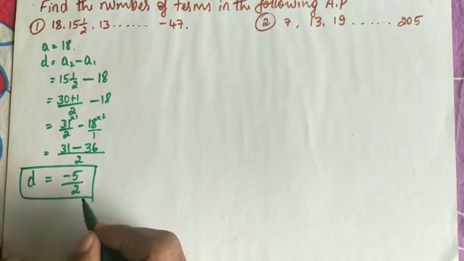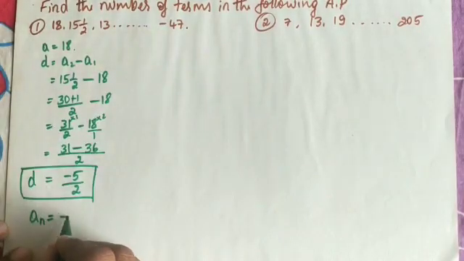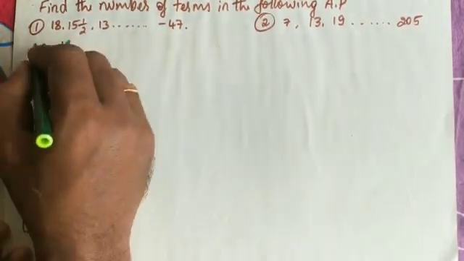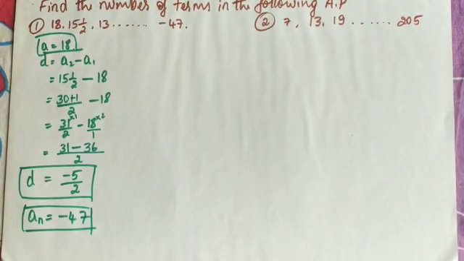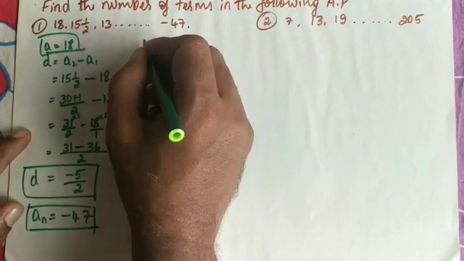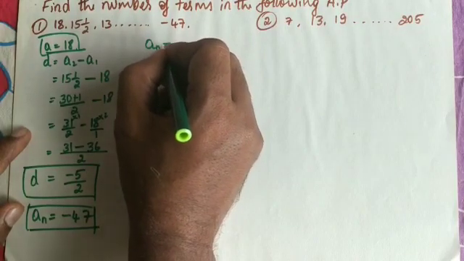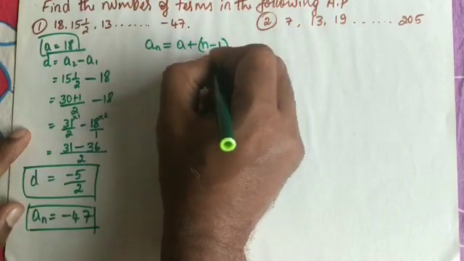And we know what is an. an is already given as minus 47. So from this we know a is equal to 18, d is equal to minus 5 by 2, an is equal to minus 47. We will be using the same old formula that we used in several of the problems we solved now: an is equal to a plus n minus 1 into d.